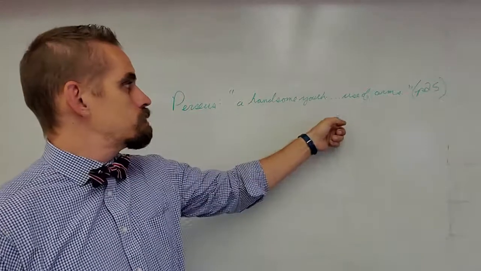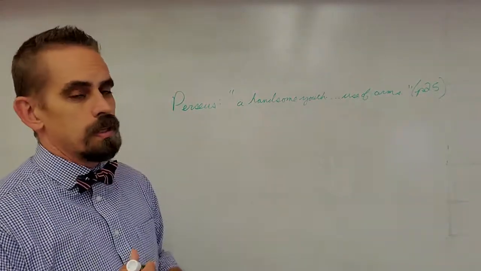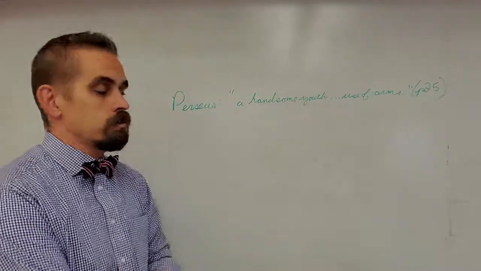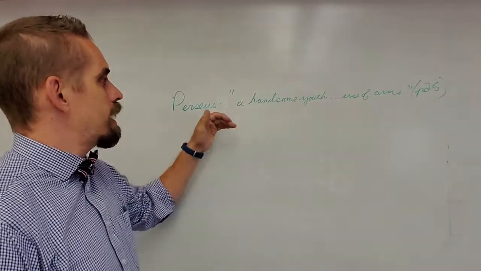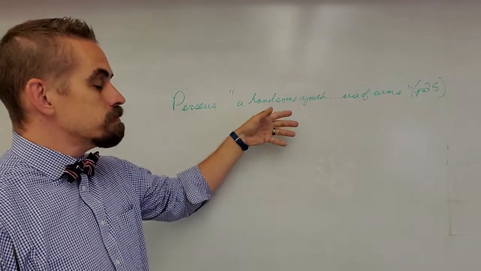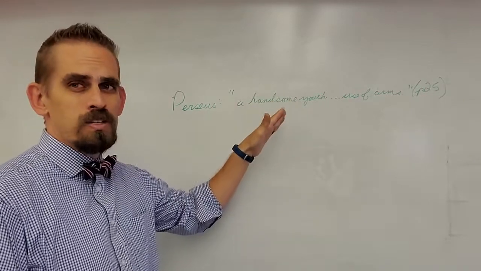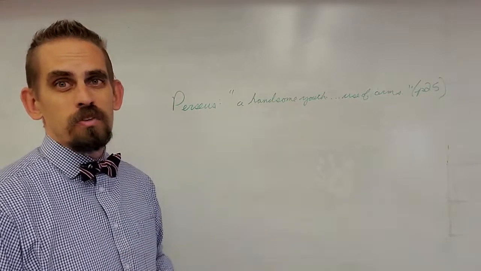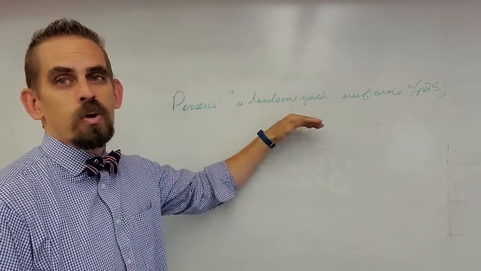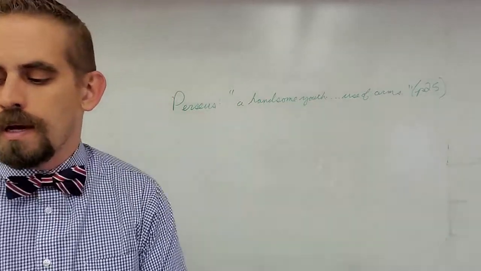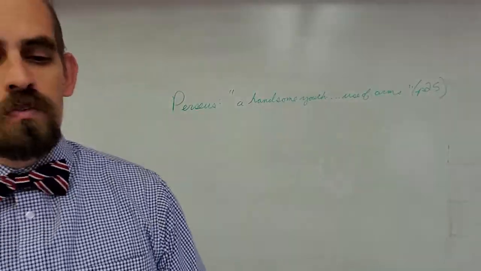If I wrote down here Perseus, he was a handsome guy, page 25, that's not going to give you credit because you've got to back things up with quotes from the book, because that's really what shows us if you can recognize it.